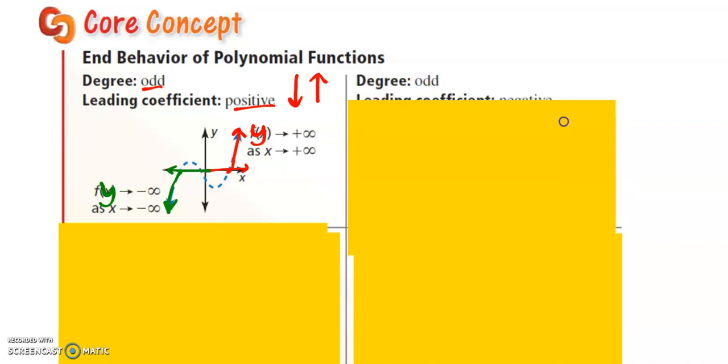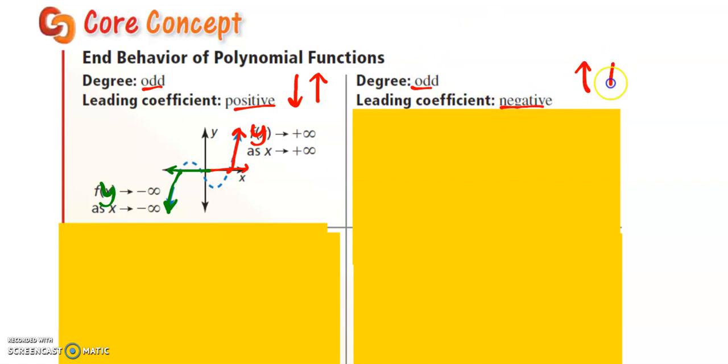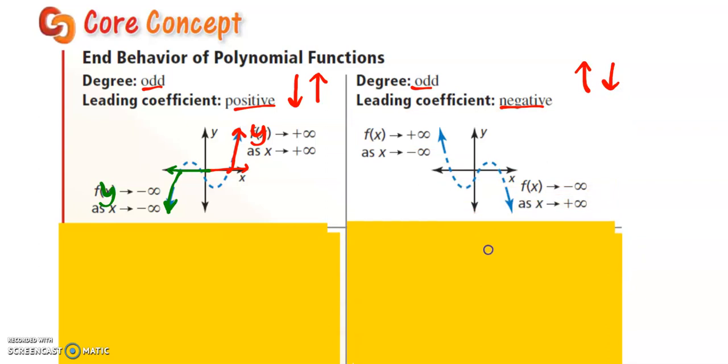Okay, next one then, I've got an odd degree polynomial, this time with a negative leading coefficient. So my arrows should look like this. But what that means is this time, as x goes to positive infinity, now my y's are going to negative infinity.